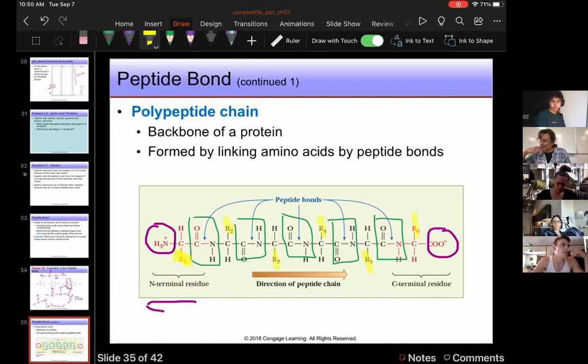Is there a reason you include the oxygen and the hydrogen in the bond? Or isn't it just the bond between the carbon and the nitrogen? Oh, that's a good question. Yes, you're right. The peptide bond is the CN bond. But the CO and the NH, everything that I've boxed is a plane.